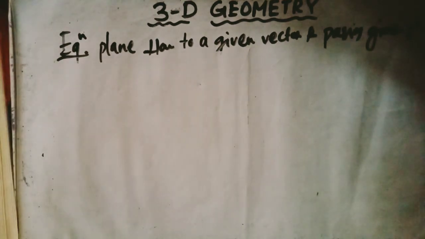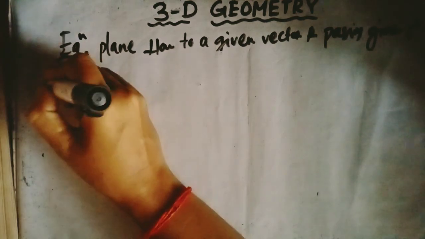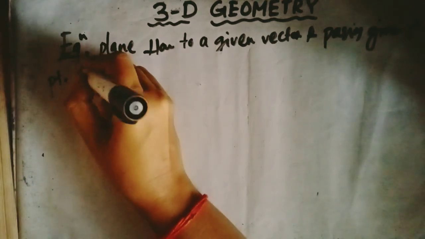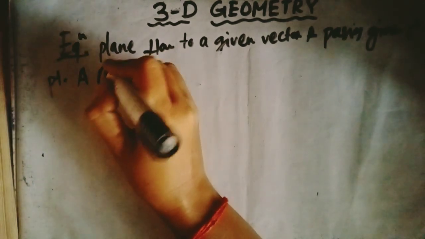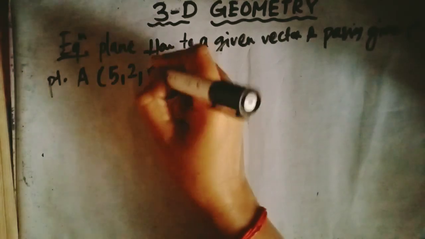Let's solve one example. Find the vector and Cartesian equations of the plane which passes through the point (5, 2, -4) and is perpendicular to the line with direction ratios 2, 3, -1. So here this plane is passing through a point. The point is your A point, so this is (5, 2, -4).